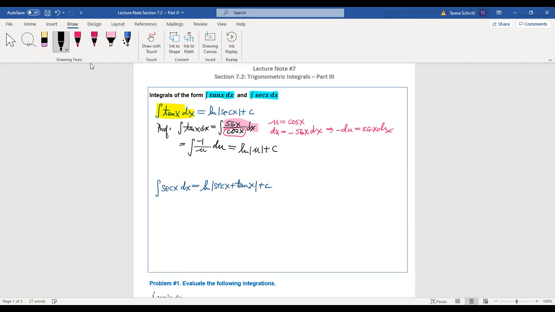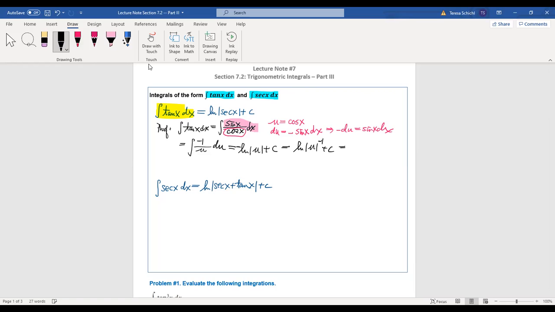Because of the plus or minus, the value will be the absolute value. Sorry, so we have the negative here, so this will be negative natural log of the absolute value of u plus c.